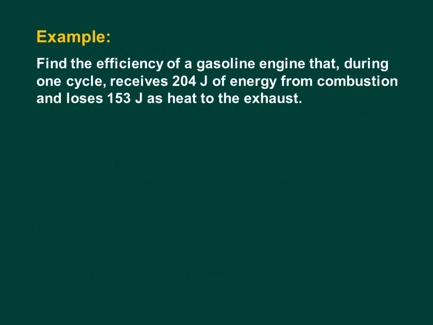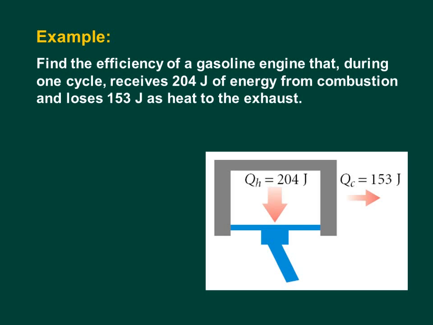Example. Find the efficiency of a gasoline engine that during one cycle receives 204 joules of energy from the combustion and loses 153 joules as heat to the exhaust. Here is the cylinder of the gasoline engine in which the gasoline is burned to produce 204 joules.